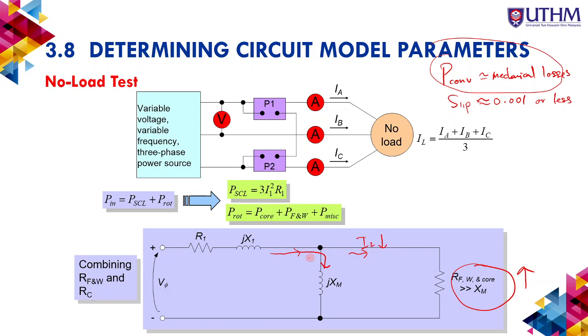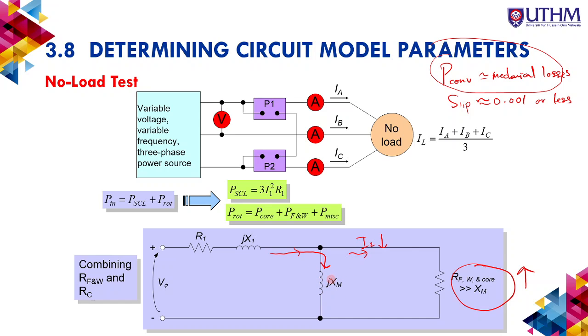The high current is needed to rotate the motor, because we need to magnetize the field. So the current will also be higher, the magnetizing current.